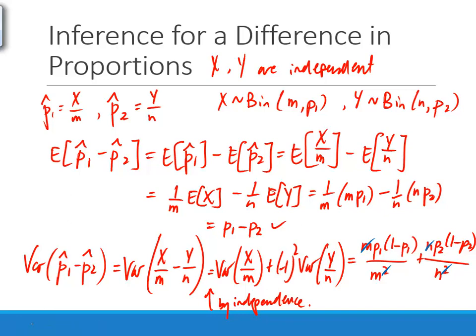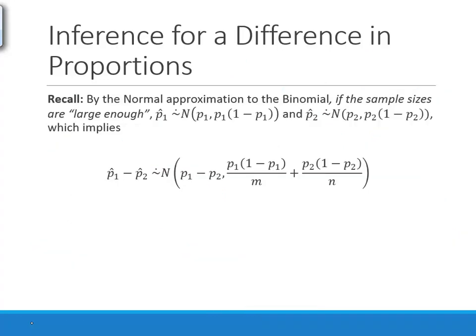So hopefully you're feeling that process going here. So again, we want to estimate this difference in proportions. So we have our estimator for that, the difference in sample proportions. And so again, we need to know the distribution of our estimator, and we're going to fall back on some results that we've seen before as well.